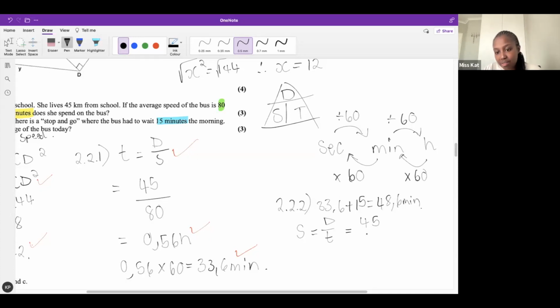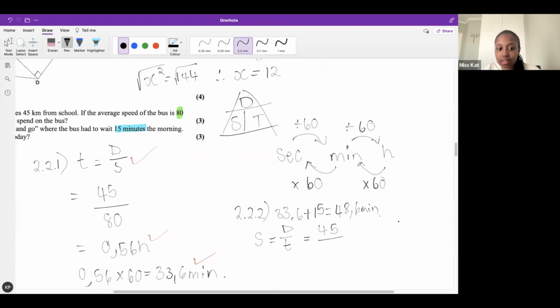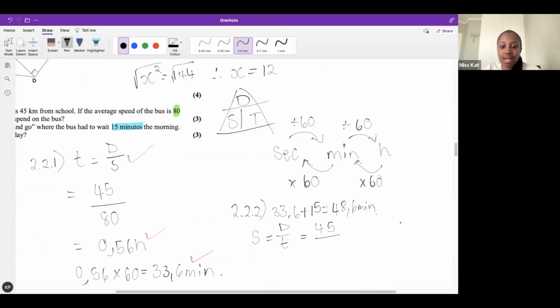So it's still 45 kilometers, but do you think we can substitute the minutes as is, guys? No, what are we supposed to do first? Oh, we are on the ball today. Convert, nice, divide by 60.